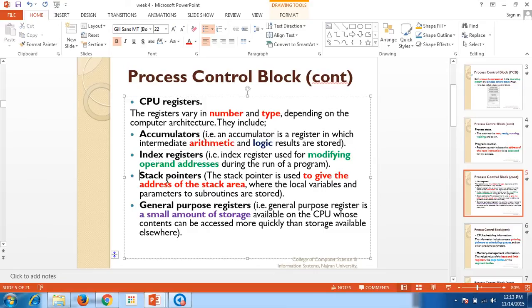Then we have the stack pointer, which is used to give the address of the stack area. Then we have the general purpose register, which is a small amount of storage available on the CPU. Whatever we store in this storage can be easily accessed by the CPU.